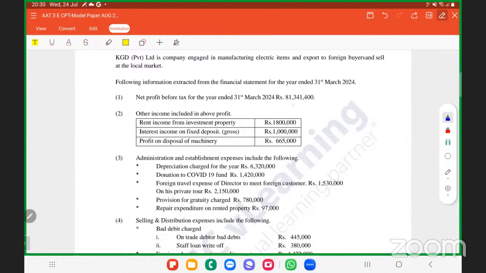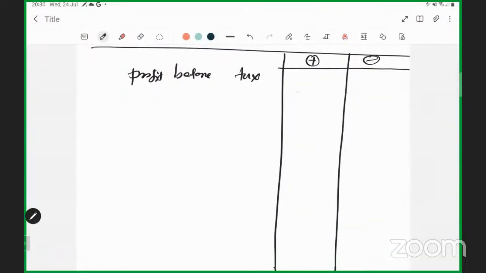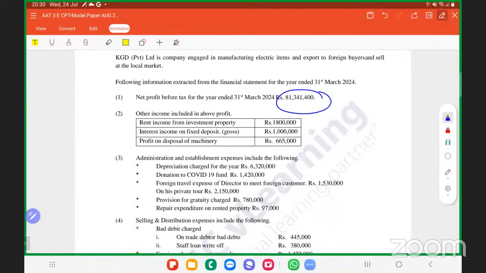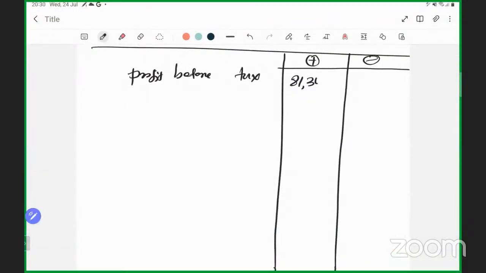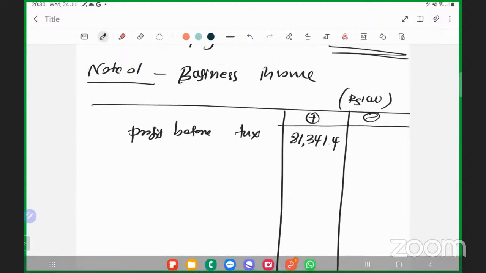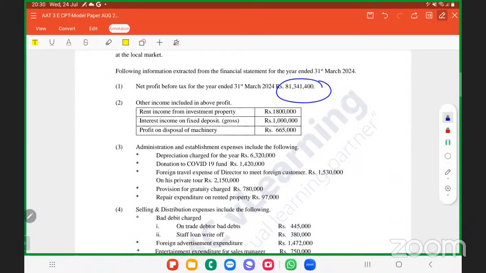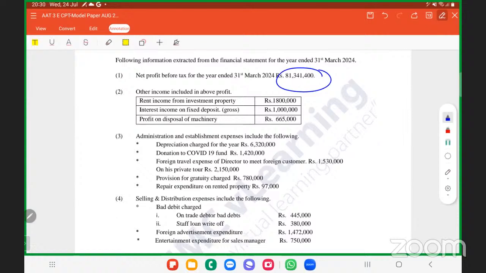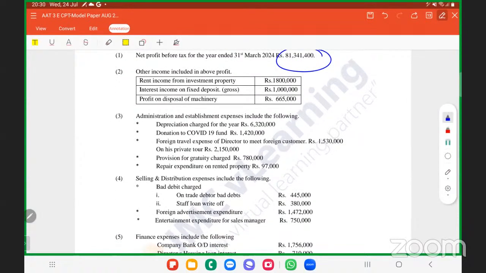Net profit before tax for the year ended 31st March 2024 is how much? 81,341.4, right, rupees in thousands. This profit includes the below other income: rent income from investment property, which should be recorded as investment income, and the gross interest income on fixed deposit, which also should be investment income.